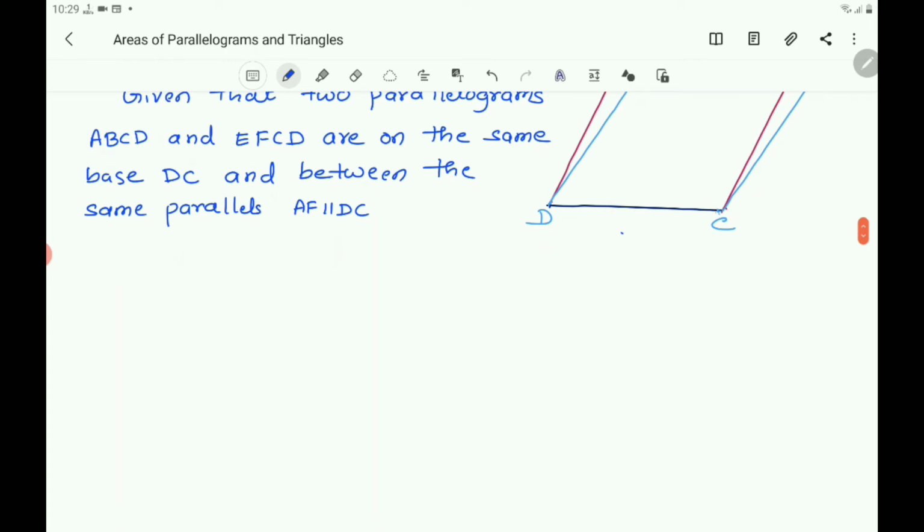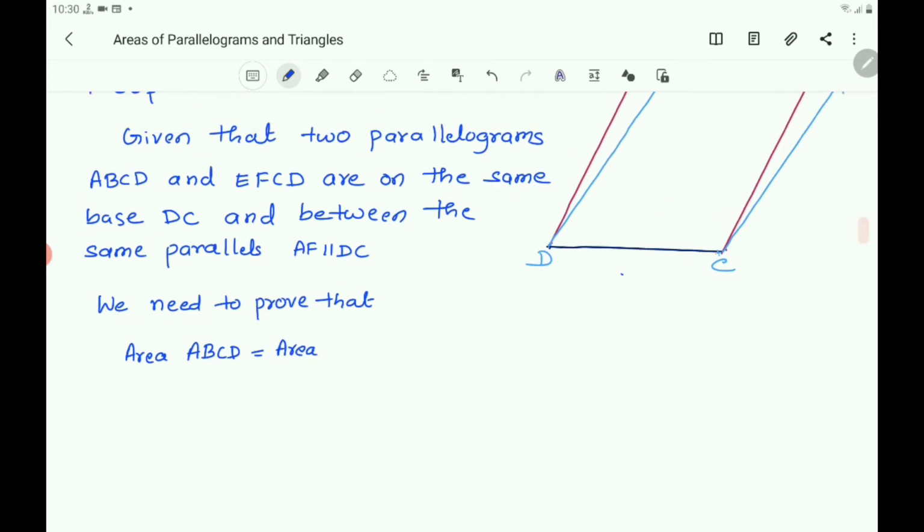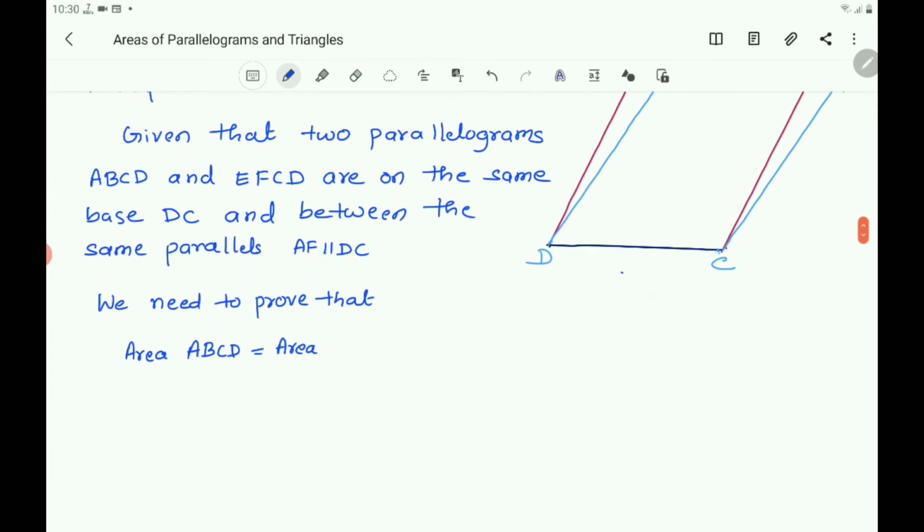Now what you have to prove? We need to prove that area of parallelogram ABCD equals area of parallelogram EFCD.